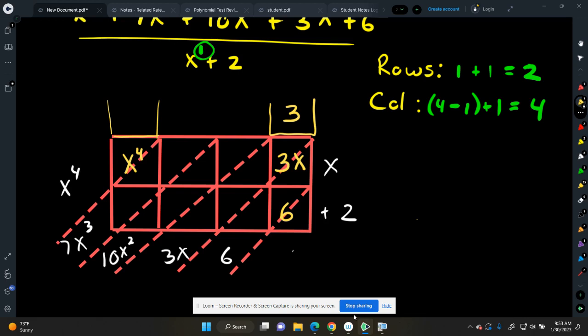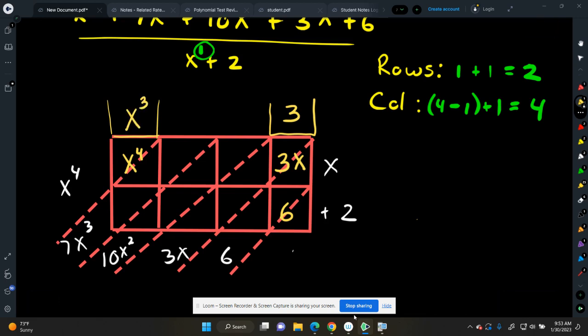Is it x to the 4th times 2? Not quite. Ronnie, can you help us? Jakaya? How do you know that? X to the third.